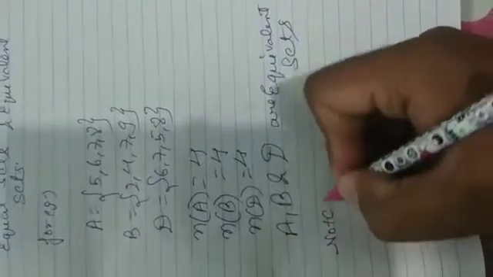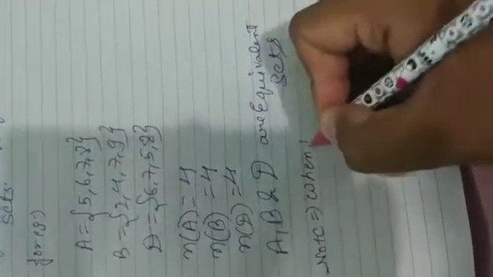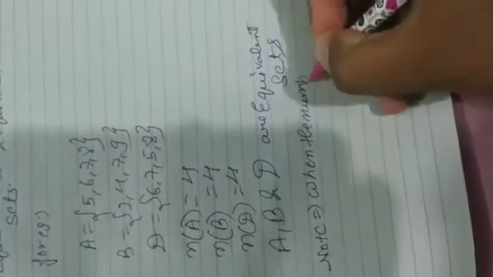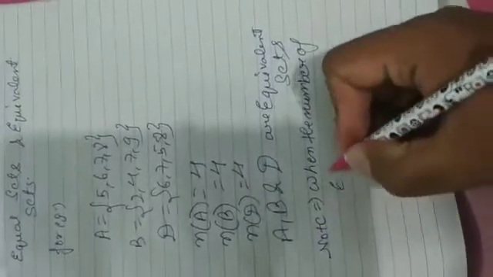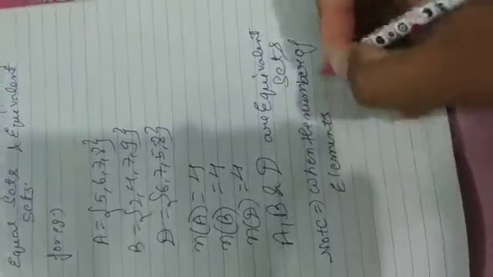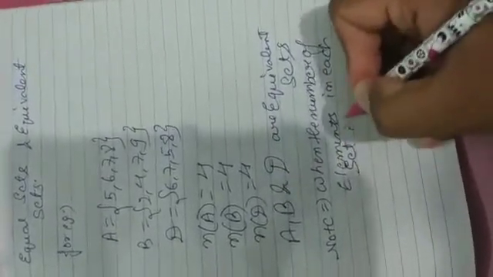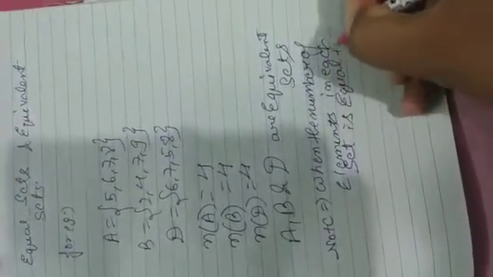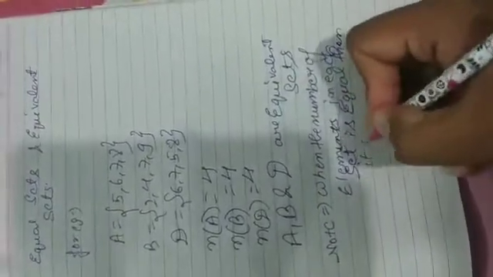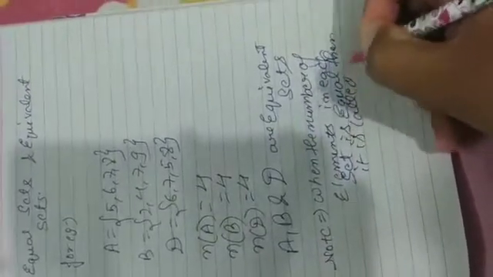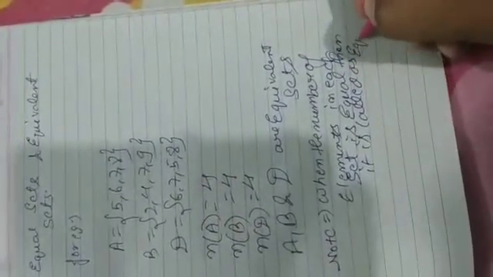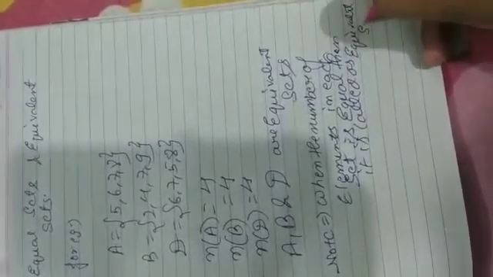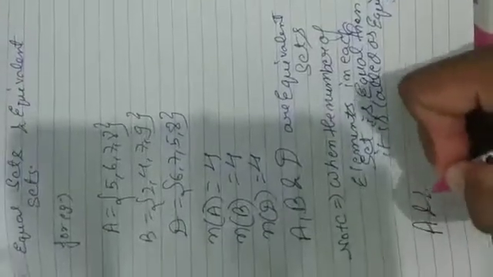Write in your note: when the number of elements in each set is equal, then it is called an equivalent set.